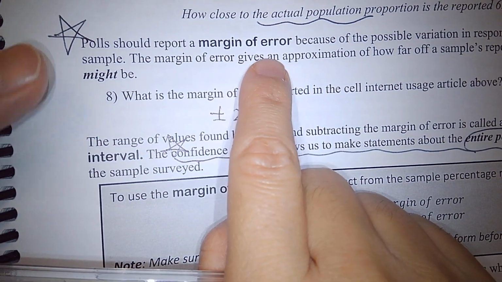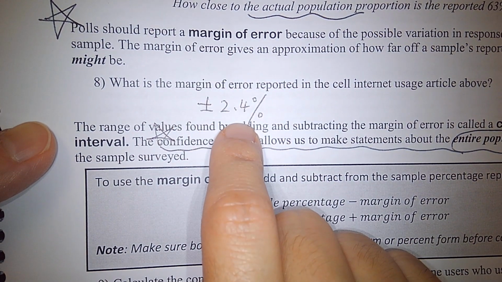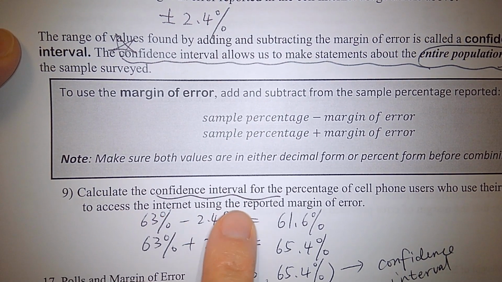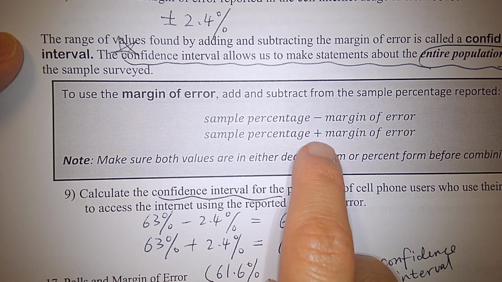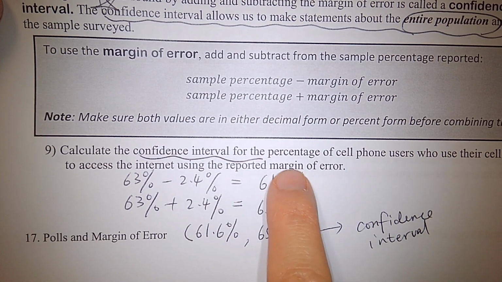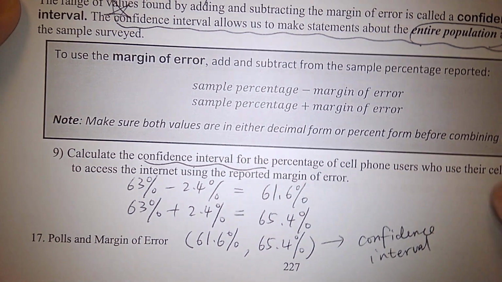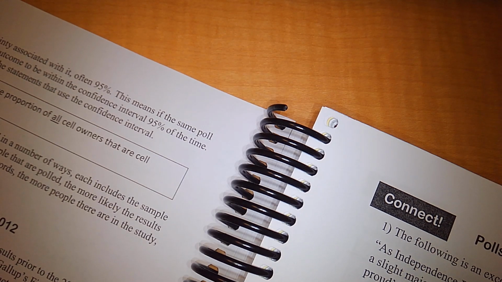For the margin of error, in most of the questions it is given to us. So we need to use the margin of error to compute what? The confidence interval. How? By using the sample percent, subtracting or adding the margin of error gives us the confidence interval. Once we get the confidence interval, we can answer the question: we're 95% confident that, and so on.